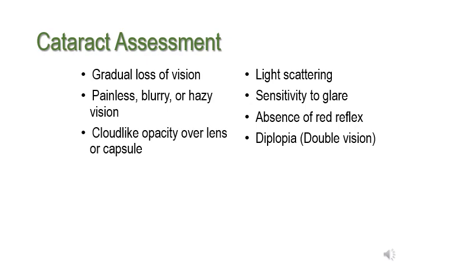There is no pain. It's a painless, blurry, hazy, cloudy-like vision is what patients will describe it as. Some patients will experience light scattering, kind of like flashes or sensitivity to glare, kind of annoying glare, light sensitivity. There may eventually be the absence of the red reflex as that opacity progresses, and they may have double vision.